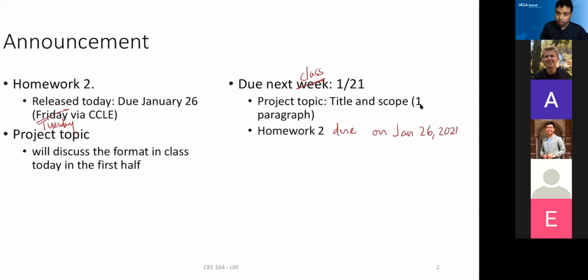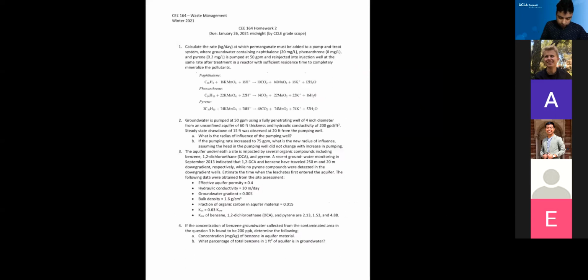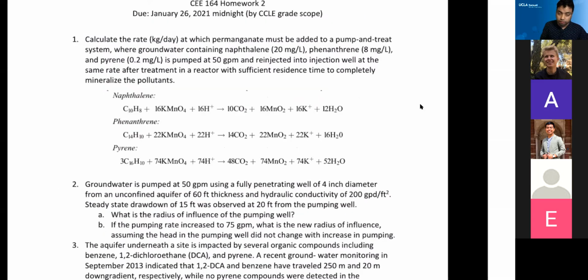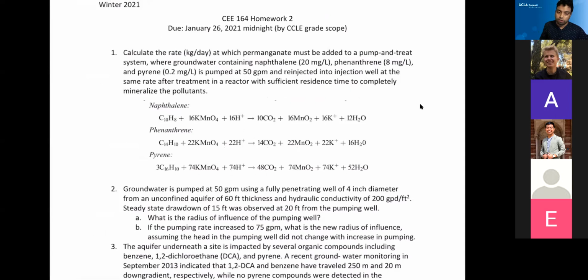I'll show you the homework. These are the questions, because some of them are relevant for what we are going to learn today. So when you see the topics, you know how to answer them. This particular question is about how much of the oxidant, which is KMnO4, is needed to treat a certain volume of groundwater.